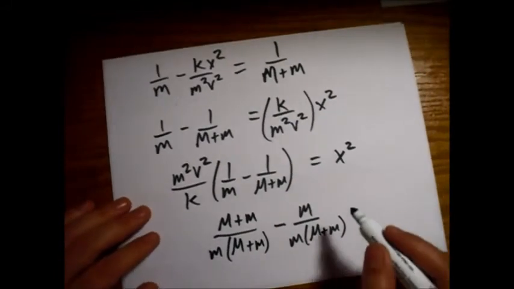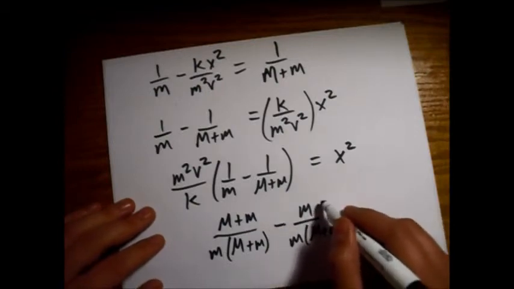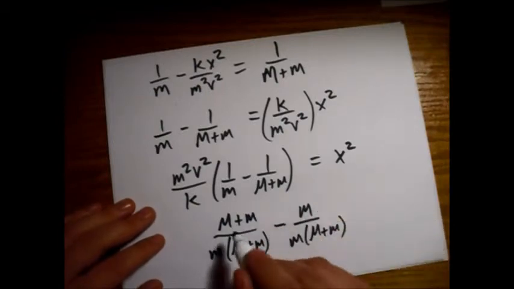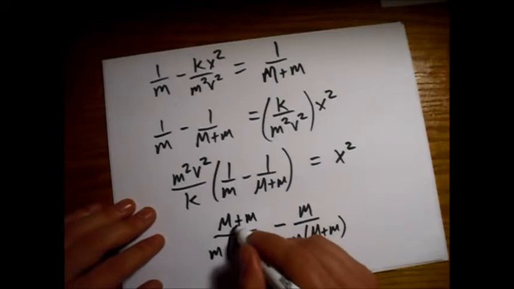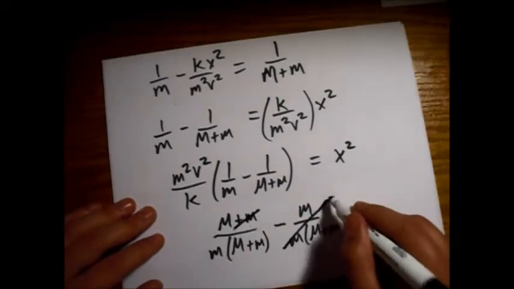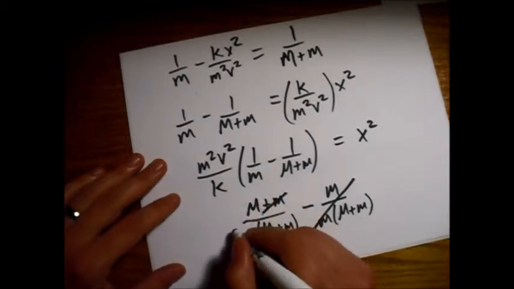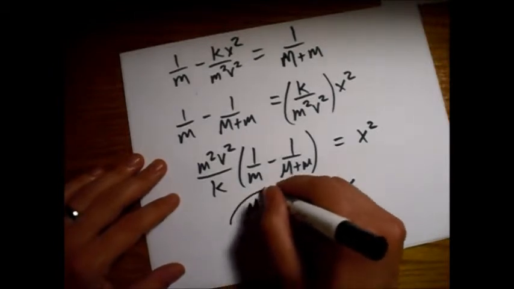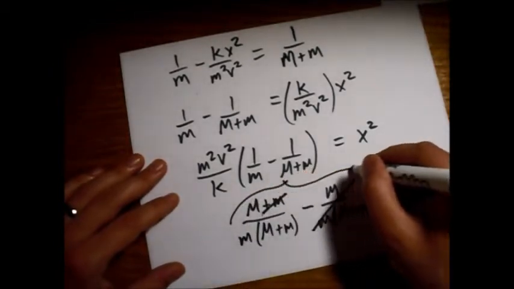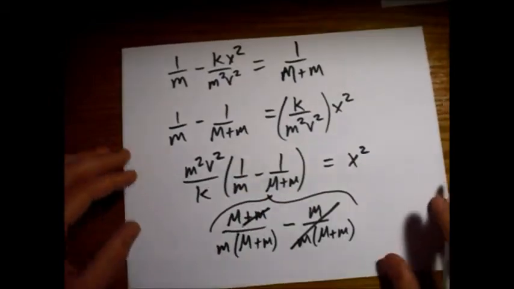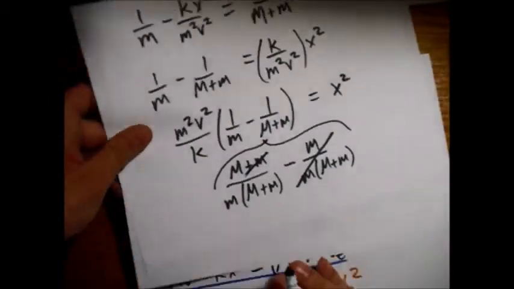Okay, so this part can go away along with this little m right here. Okay, this part is just looking at that part in parentheses. So let's just see if we can simplify this down real quick, get a nice pretty answer.